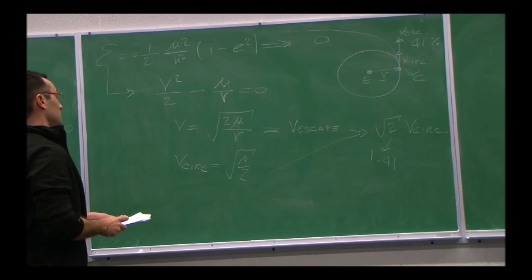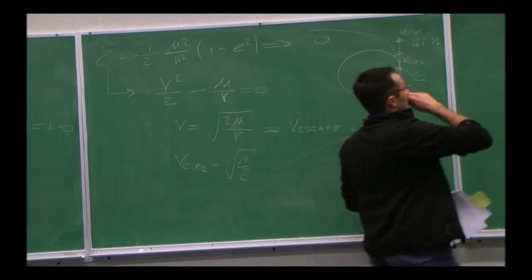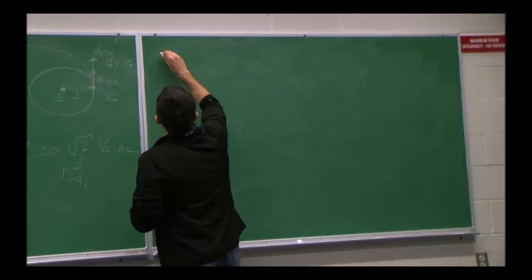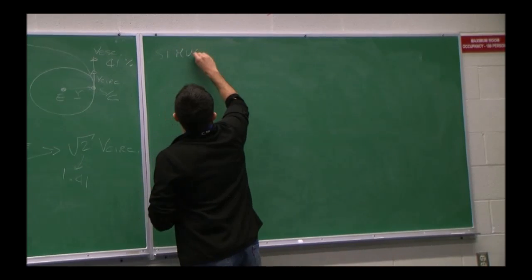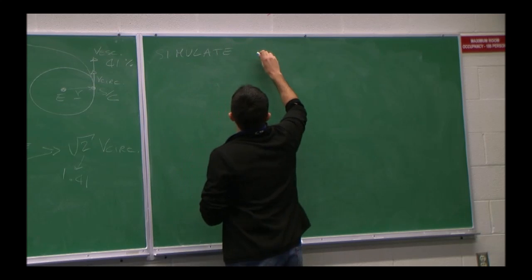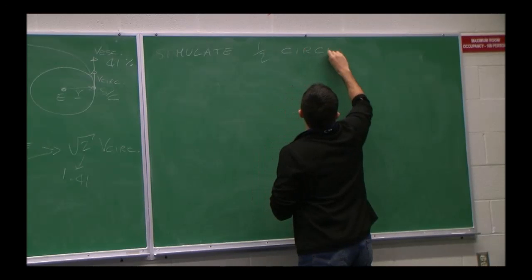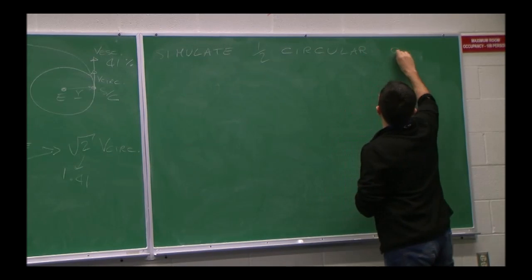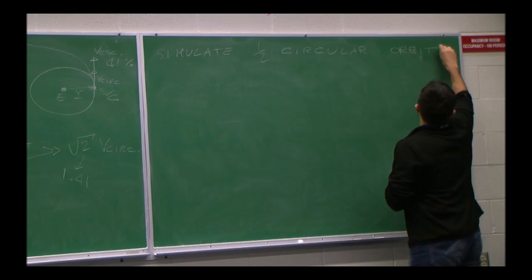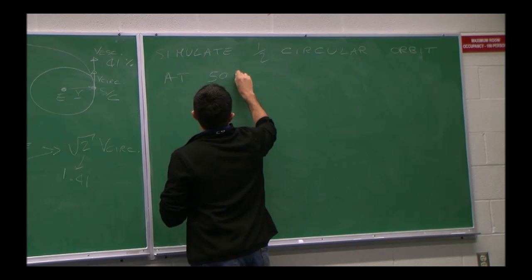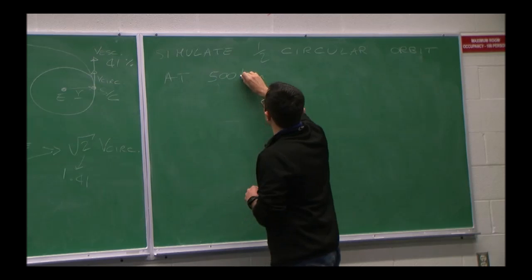I have an actually simple exercise, another uncollected homework if you want. Do the following. Simulate, in ODE 45, a circular trajectory or orbit at a height of 500 kilometers.